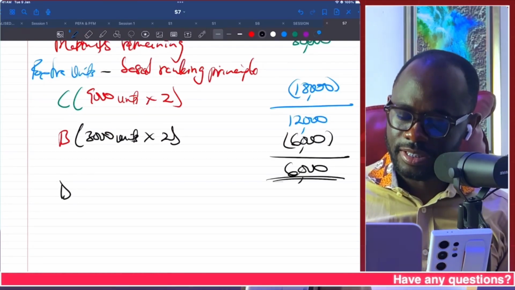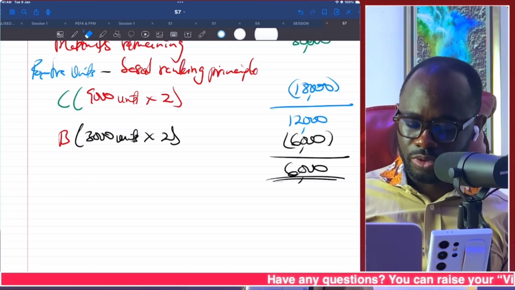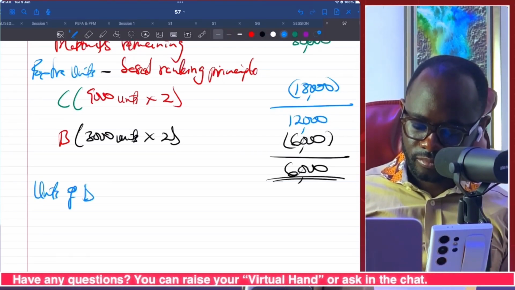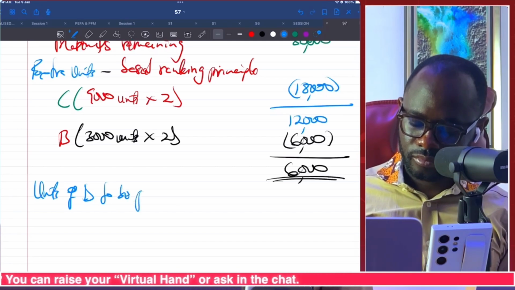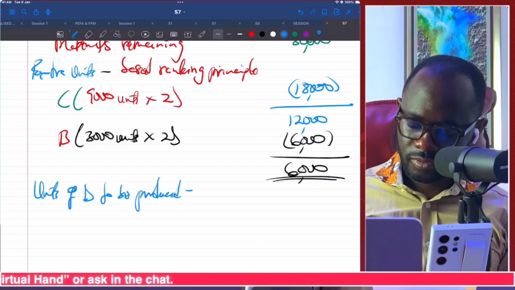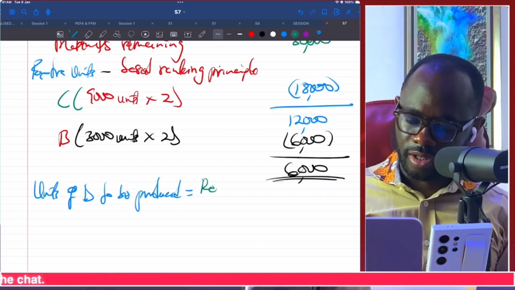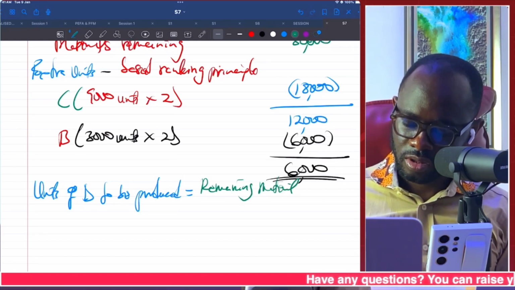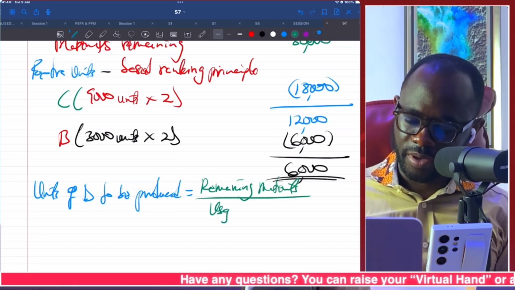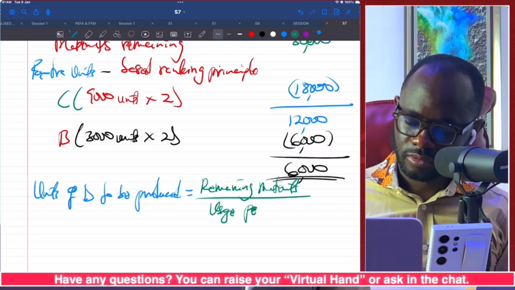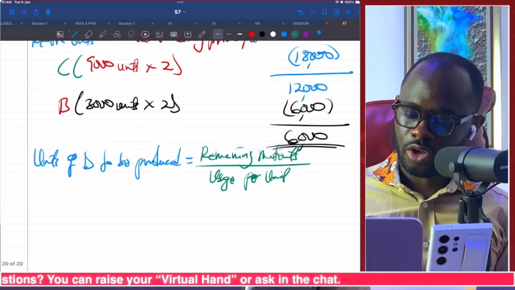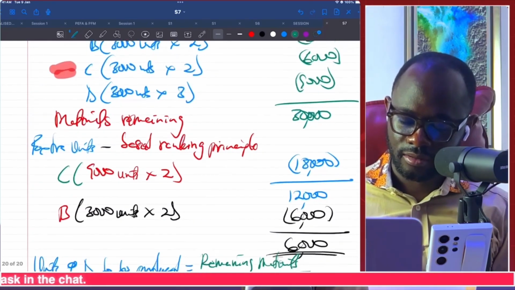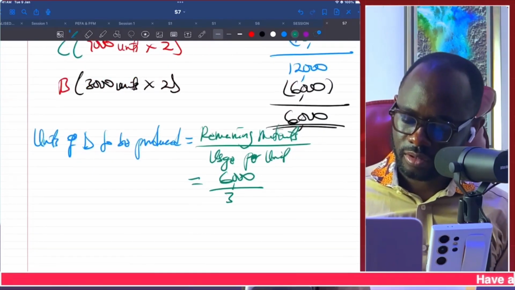So it means the units of D to produce will be the remaining material divided by the usage per unit, which is 6,000 divided by 3.